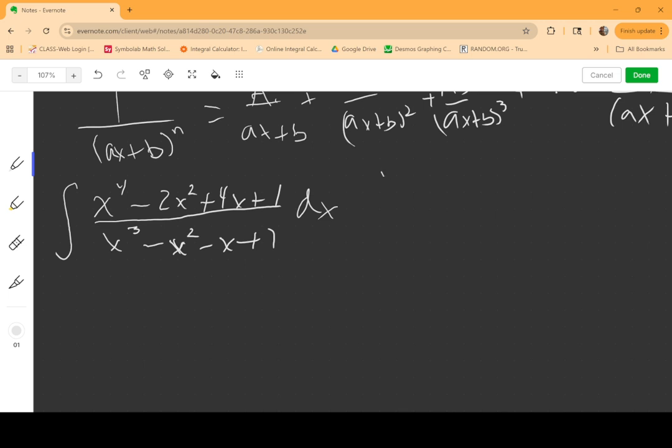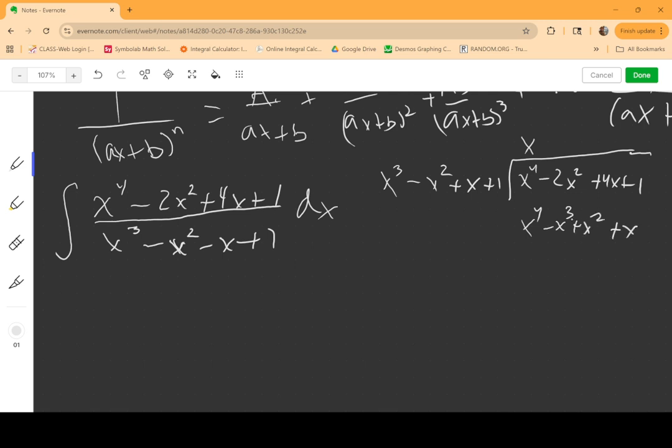So we'll do that. We'll get x cubed minus x squared minus x plus 1, and then we divide here x to the 4th minus 2x squared plus 4x plus 1. Again, just try to match things up here. To get to the 4th, we need a factor of x, so we get x to the 4th minus x cubed minus x squared plus x.